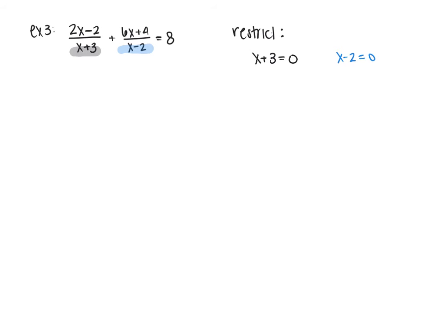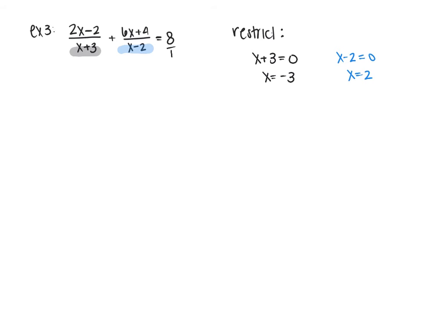So that means I'm going to get two restrictions of x equals negative 3 and x equals 2. Now I do have an 8 over 1, but because 1 is a number, 1 will not ever equal 0, so I'm not going to get a restriction from that second part.